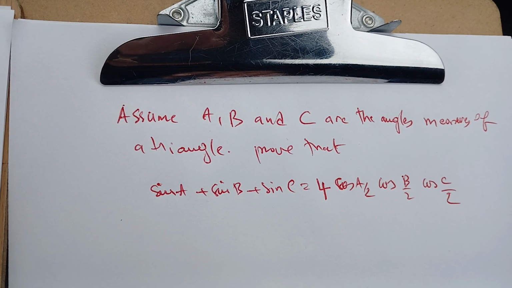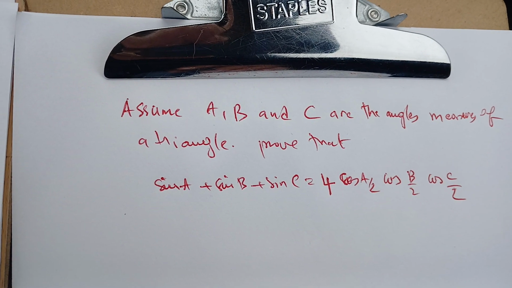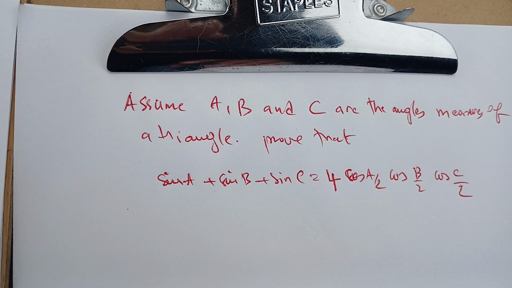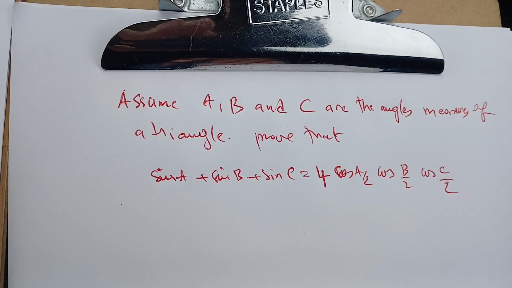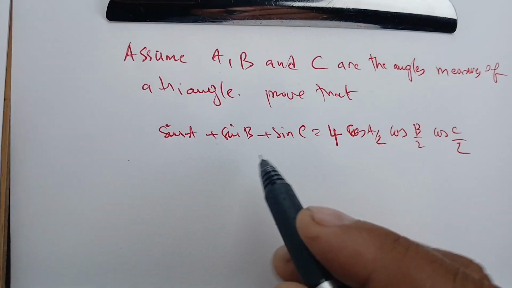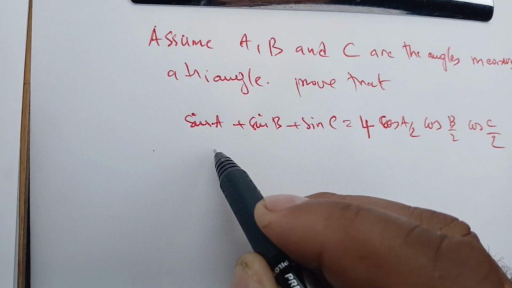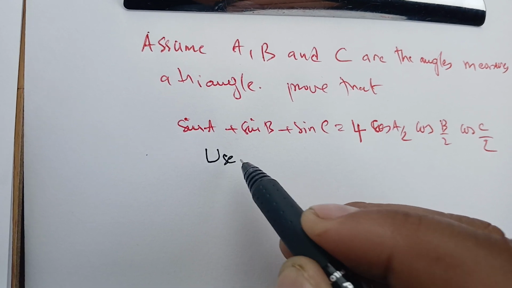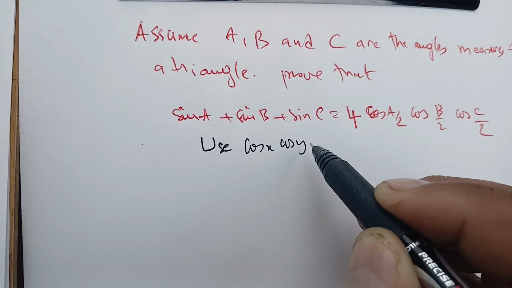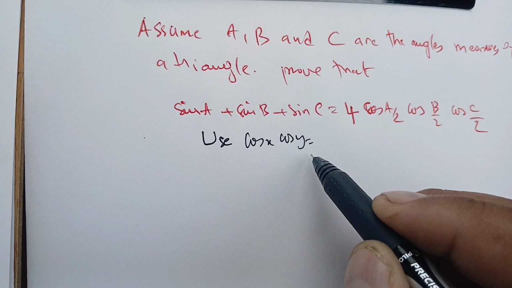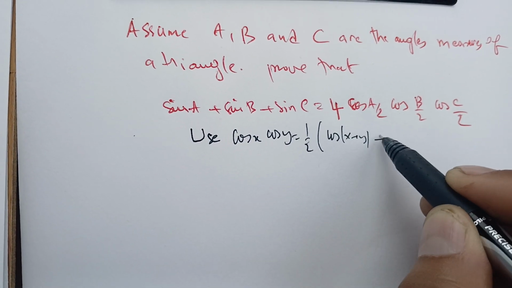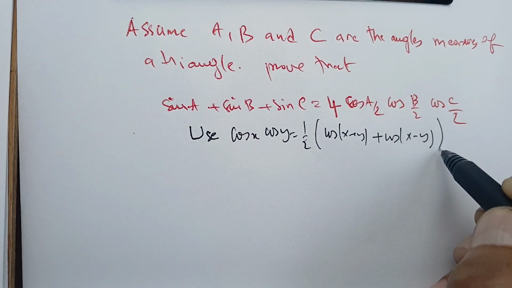So basically we can work this problem by using the formula. Okay, so what's the cosine of A times cosine of B? Here is a hint for those willing to work this one: use cosine x cosine y is 1/2 times the quantity cosine of x plus y plus cosine of x minus y.